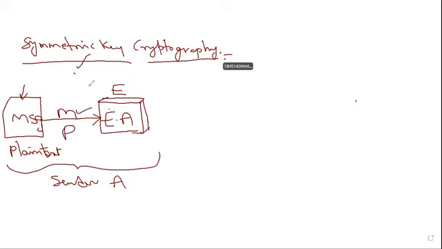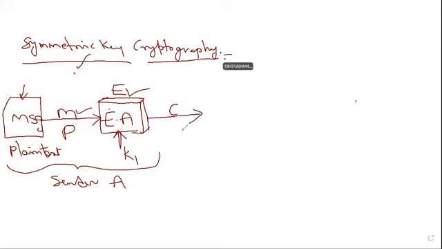Then what does the sender do with this message? The aim of the sender is to encrypt this message using the encryption algorithm, and with the help of the key, the encryption algorithm converts this message into a converted form. That particular message is called ciphertext.